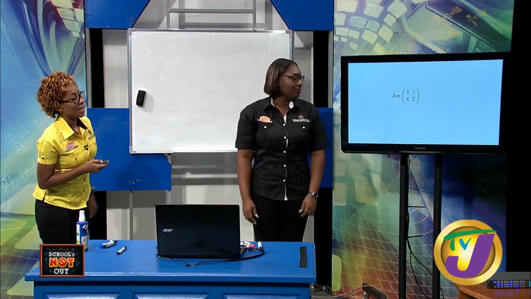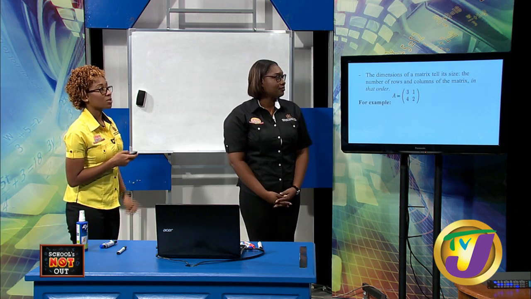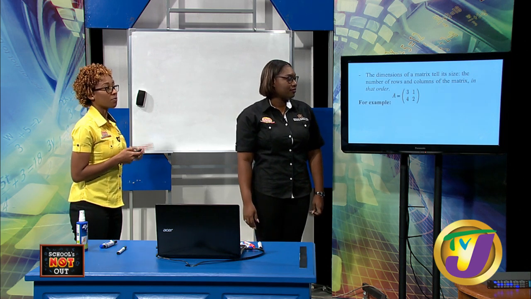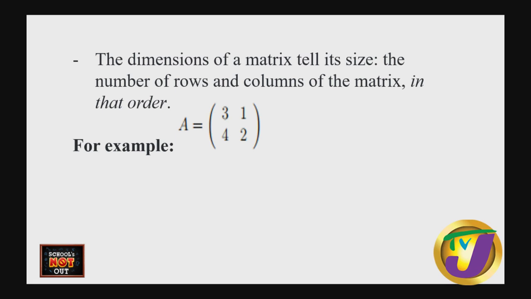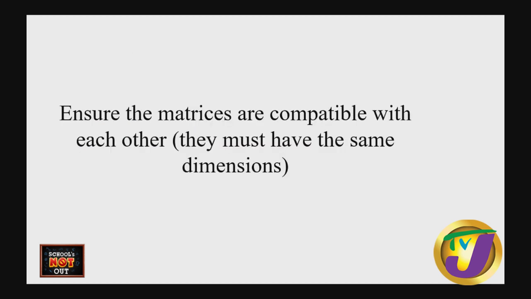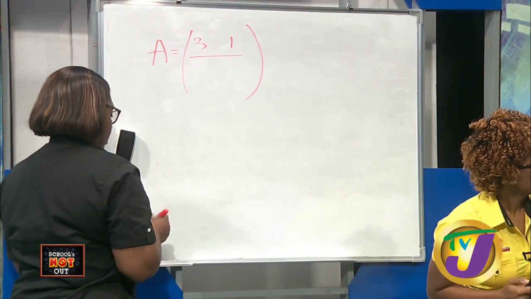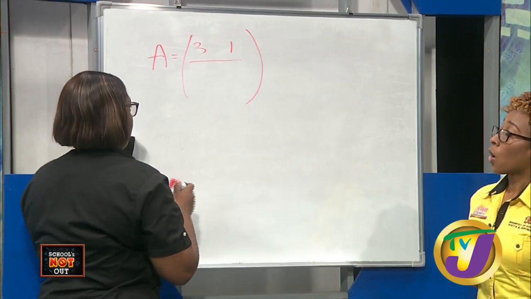We're also going to be looking at the dimensions of a matrix, which tell its size: the number of rows and columns of the matrix in that order. When working with dimensions of a matrix, always remember rows by column. For example, in matrix A, 3 and 1 will be one row, and 4 and 2 will be our second row.